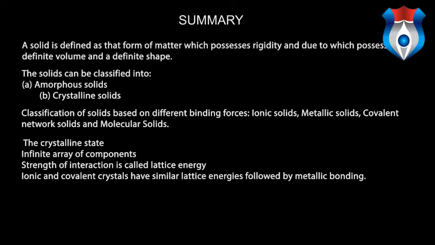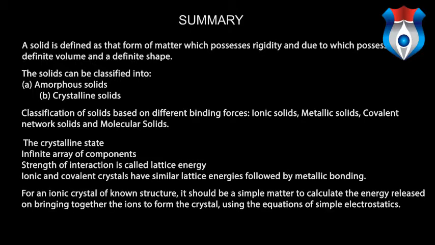The crystalline state: infinite array of components. Strength of interaction is called lattice energy. Ionic and covalent crystals have similar lattice energies, followed by metallic bonding. For an ionic crystal of known structure, it should be a simple matter to calculate the energy released on bringing together the ions to form the crystal using the equations of simple electrostatics.